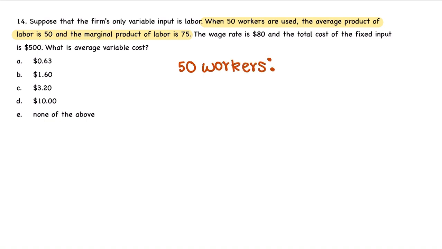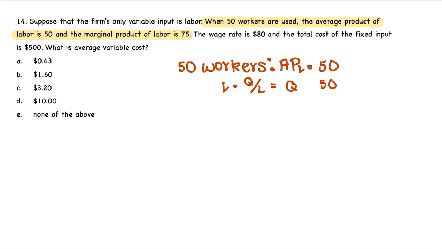Which means we know that our average product of labor is 50. So our labor times quantity divided by labor is going to give us quantity.